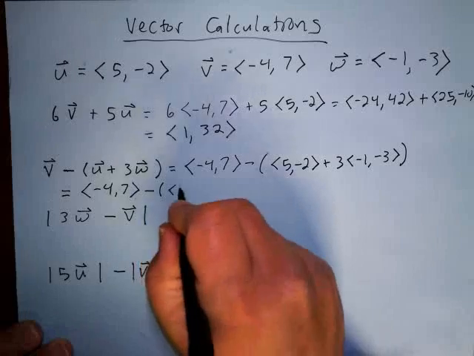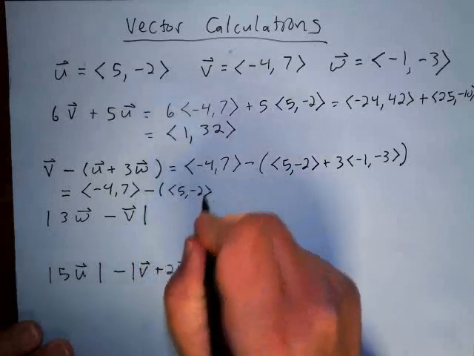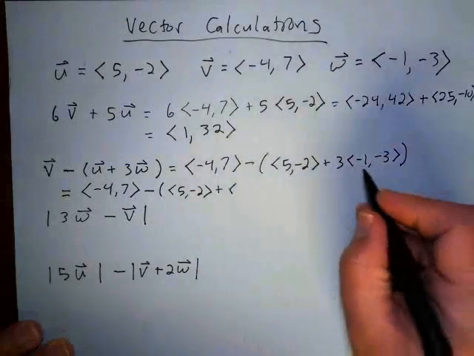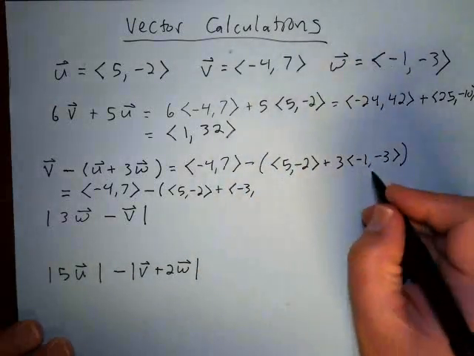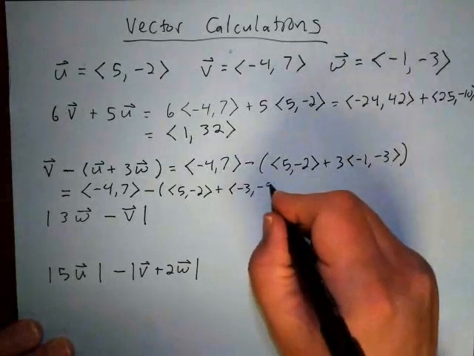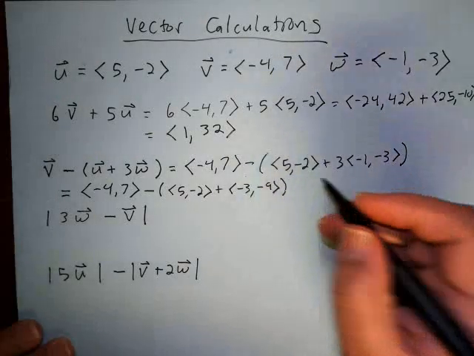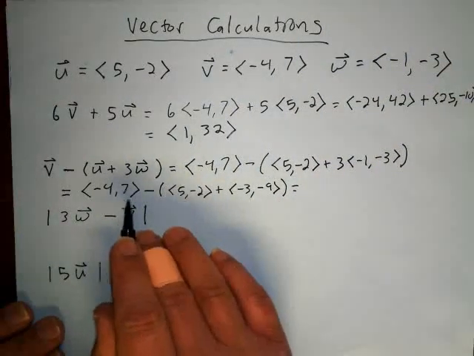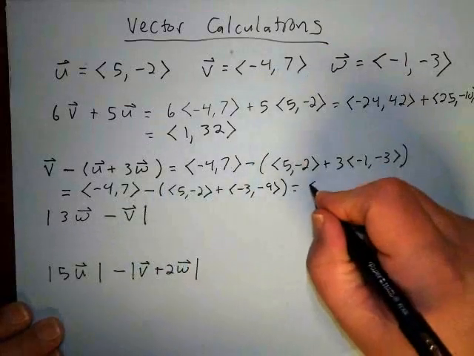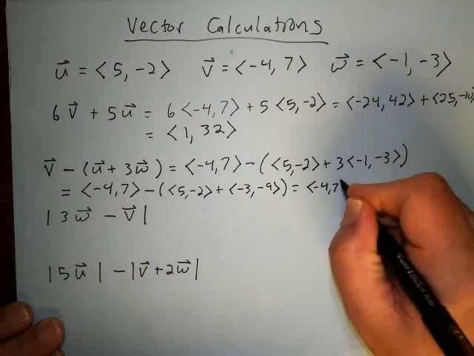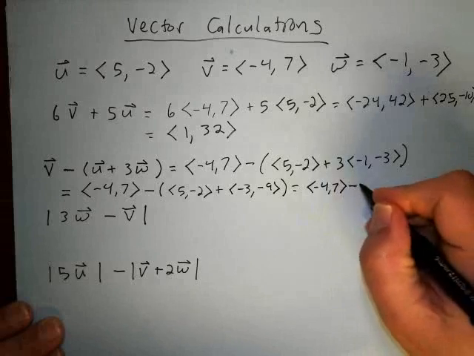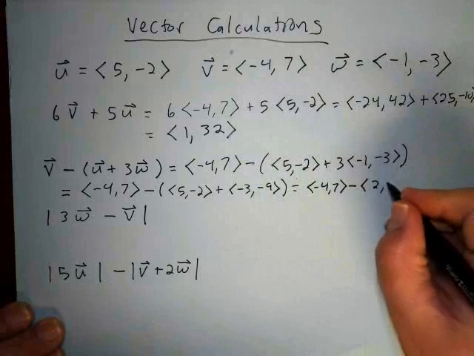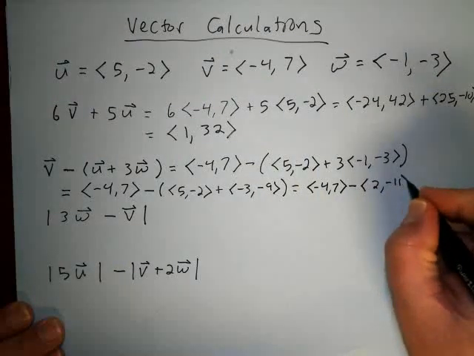This would be (5, -2), and this would be plus (-3, -9). Then I do what's in parentheses here: (-4, 7) minus (2, -11).